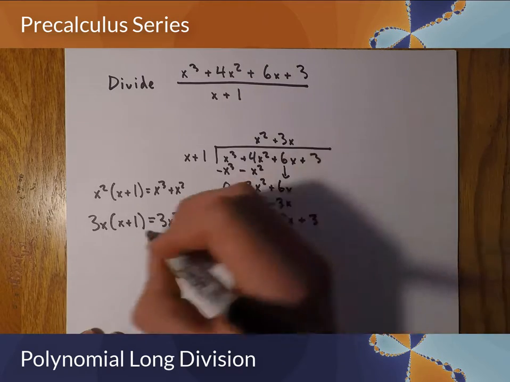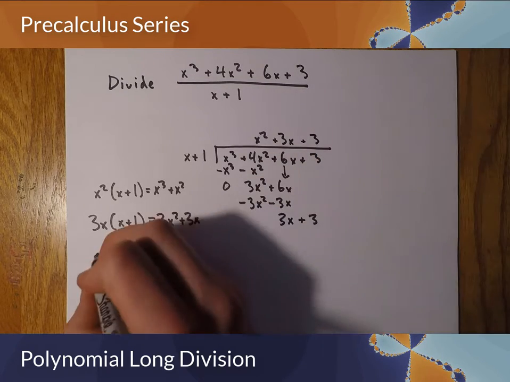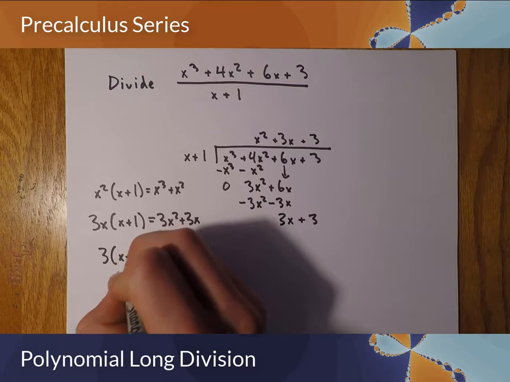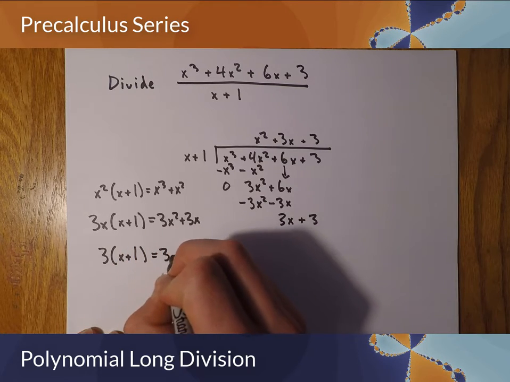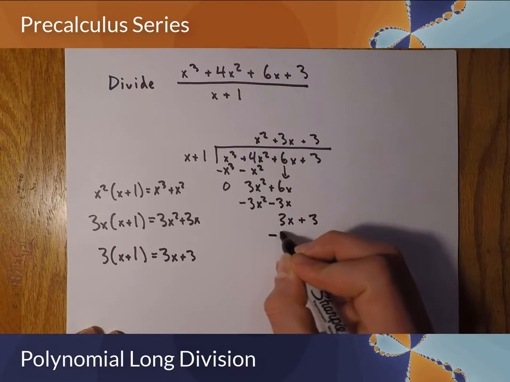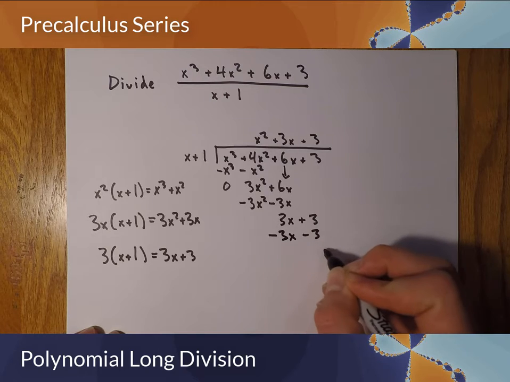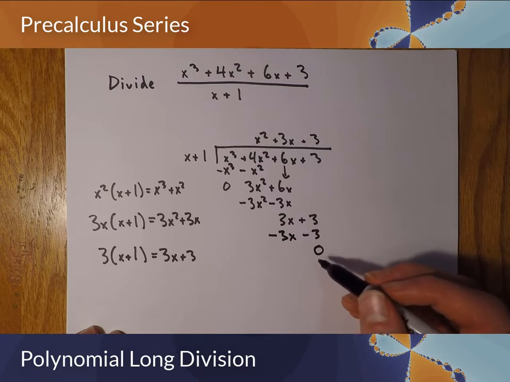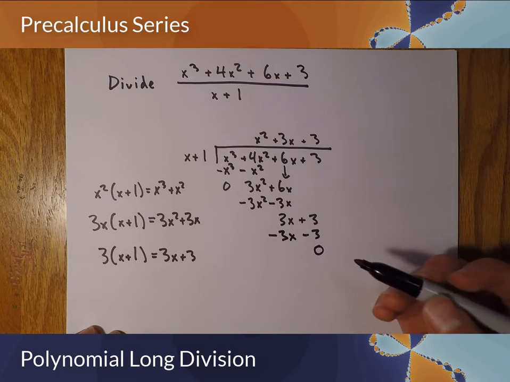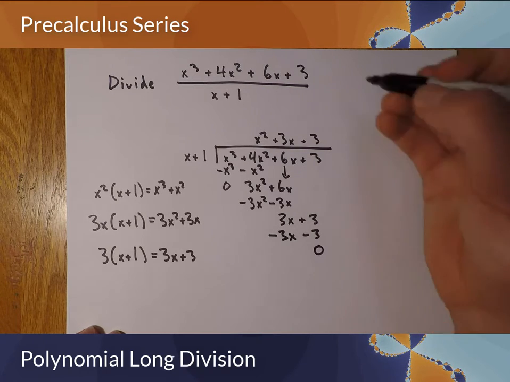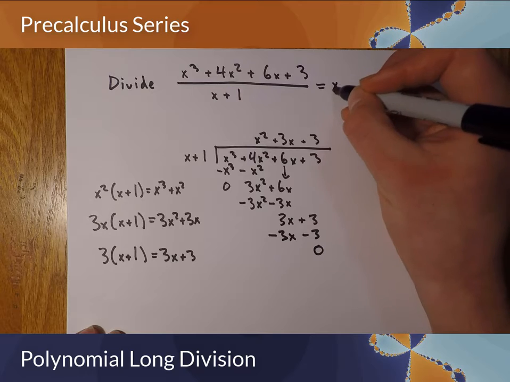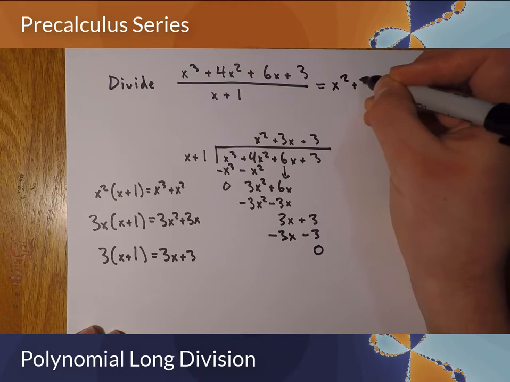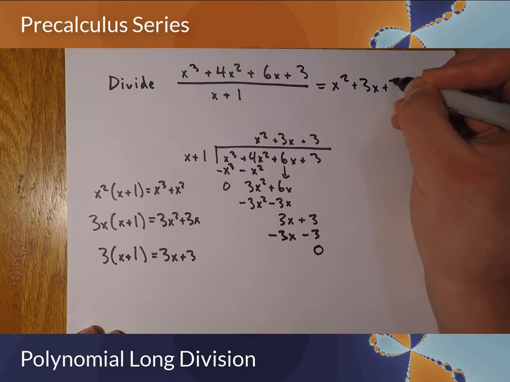So we just put 3 up here, and we have 3 times x plus 1, and that equals 3x plus 3. And look, it cancels out. So since we have 0 down here, we have a remainder of 0. We don't need to do the special thing we did last time. And so our solution is x squared plus 3x plus 3.